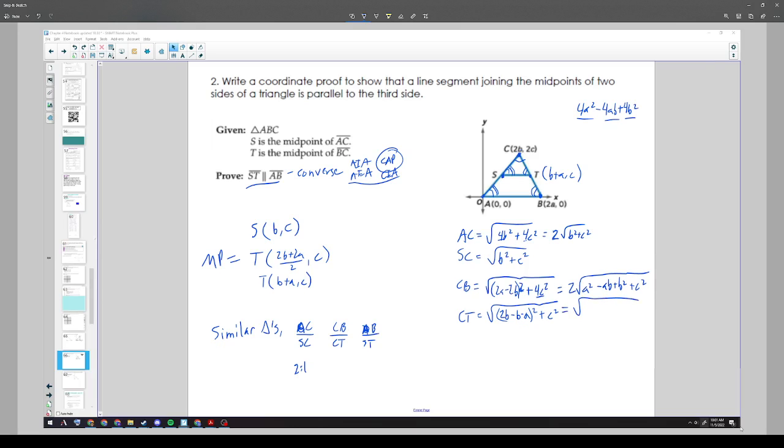We have 2b minus b, that just becomes 1b, because we collect our like terms. So b minus a squared is b squared minus 2ab, plus a squared plus c squared.